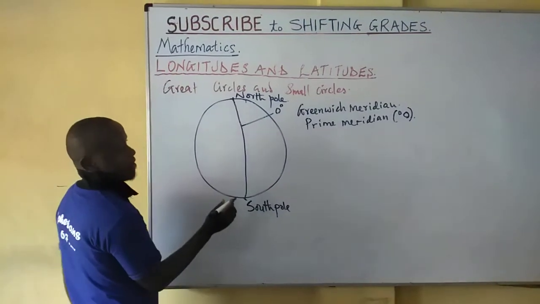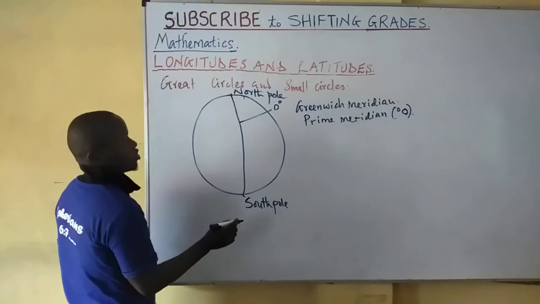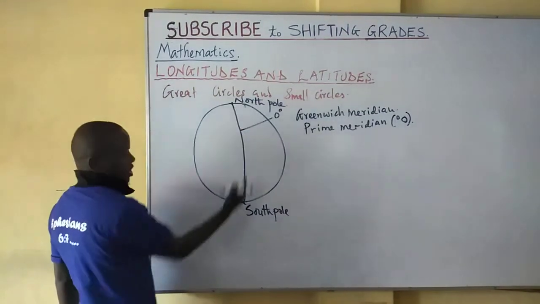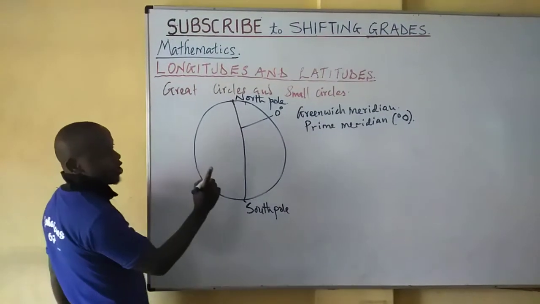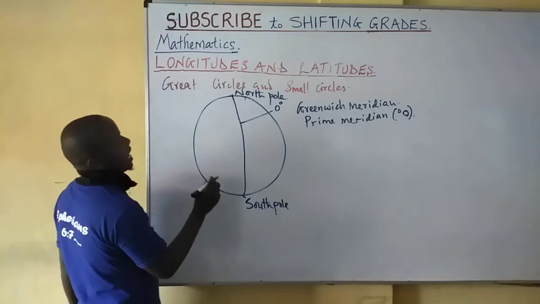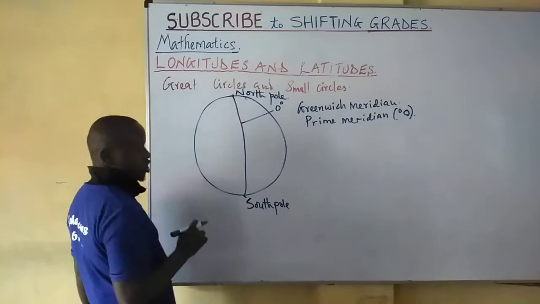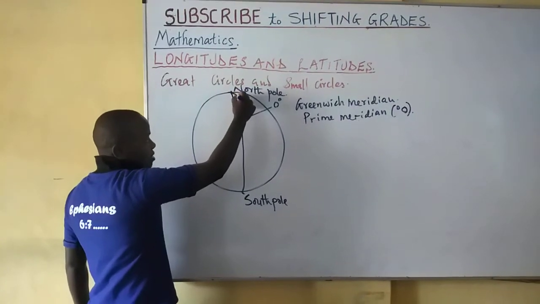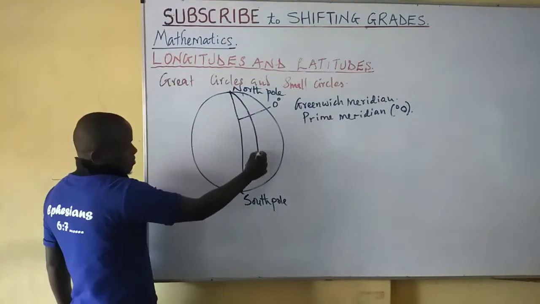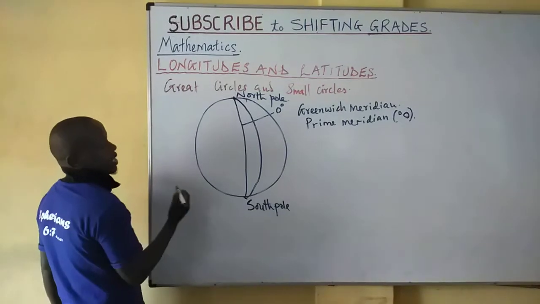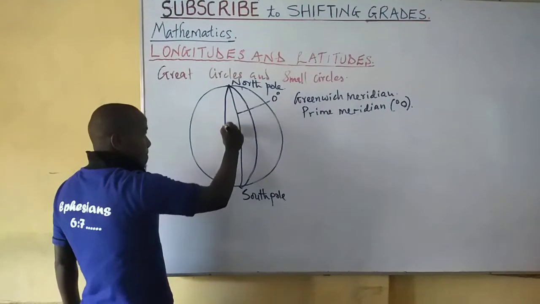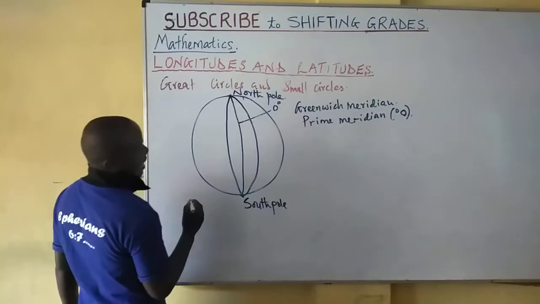And now we have other meridians. So the lines which cut from the north pole to the south pole of the Earth's surface are called meridians, and their other name is longitudes. We are going to state that. Therefore, you find the other meridians also run down like that, or on the other side like that.